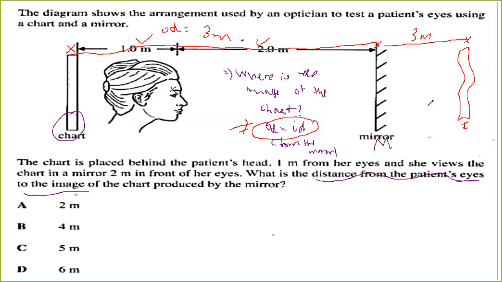Okay? So, if the image is 3 meters behind the mirror, what is the distance from the image to the woman's eyes?